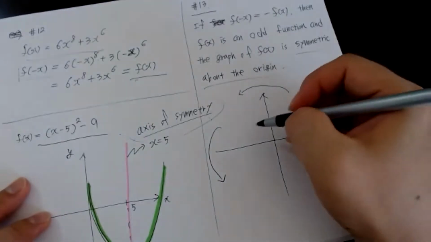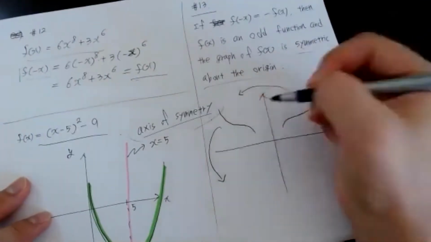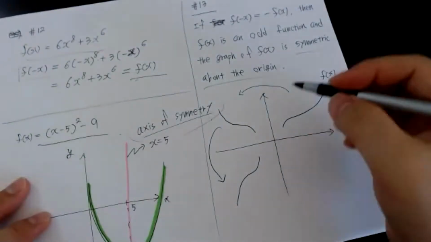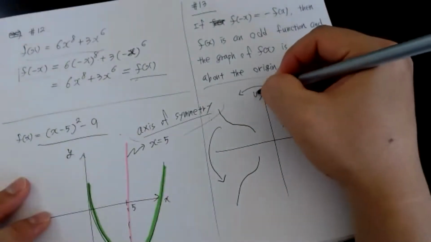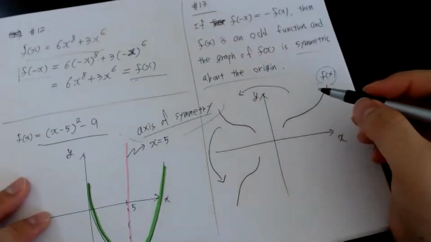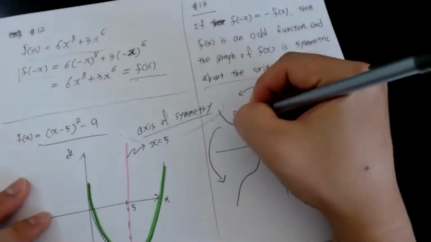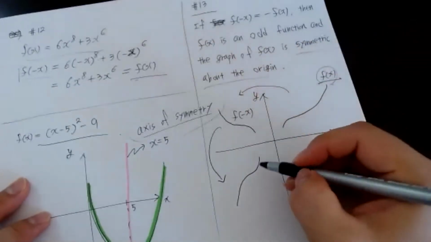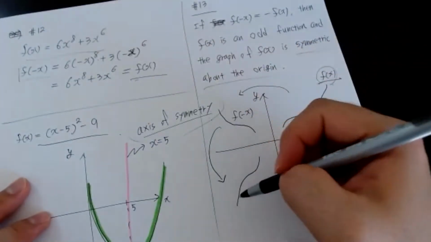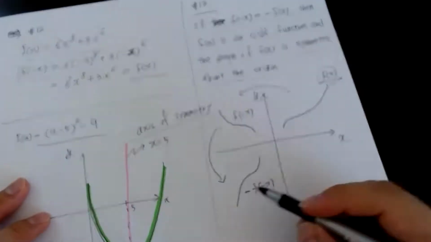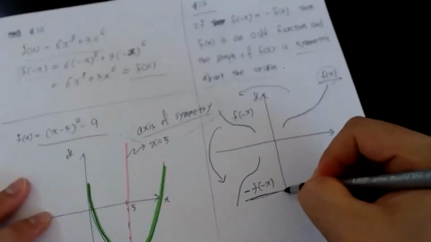Then what happens? We get this, and then we get this, right? When you reflect the graph of f of x about the y-axis, the equation changes to f of negative x, and then about the x-axis, we get negative f of negative x. That is called the reflection about the origin.